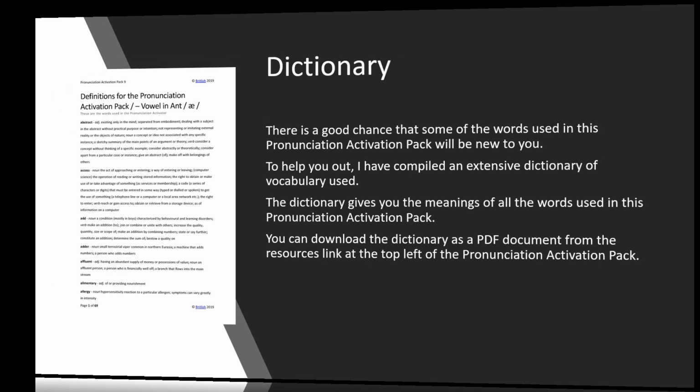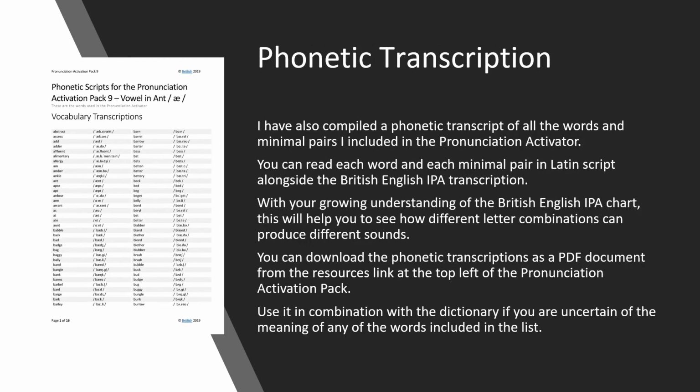Phonetic transcription. I've also compiled a phonetic transcript of all the words and minimal pairs I included in the pronunciation activator. You can read each word and each minimal pair in Latin script alongside the British English IPA transcription.